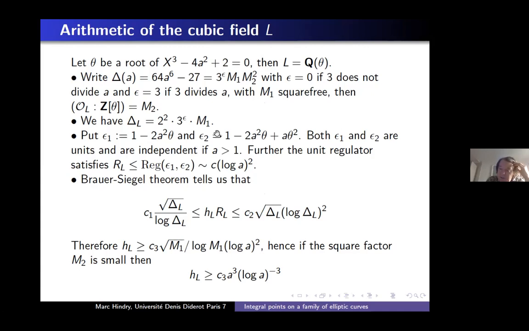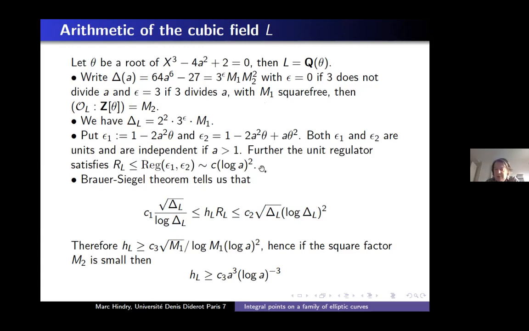It is also possible to find two generic units. I have written the formulas, which won't be important in what follows. The important thing is that they are independent, at least if A is bigger than 1. And they are relatively small. So you find that the regulator of the number field is small.